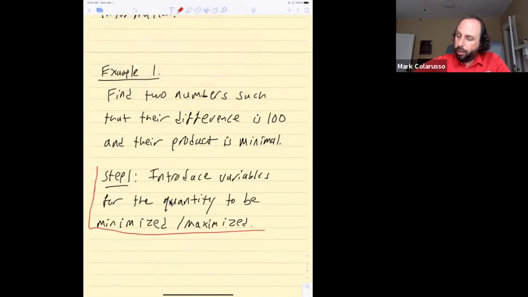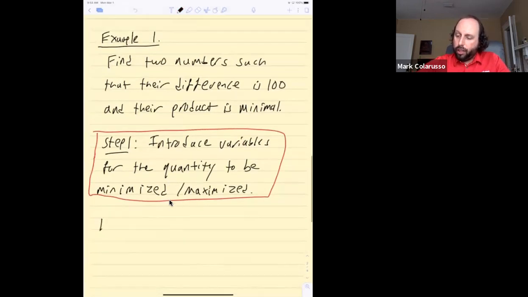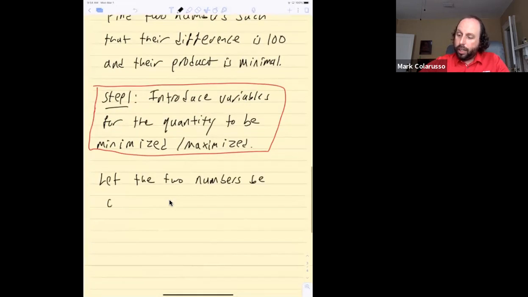So that's step 1. Okay, so what I'll do is let the two numbers be x and y.